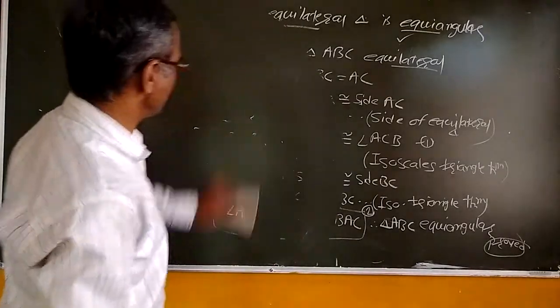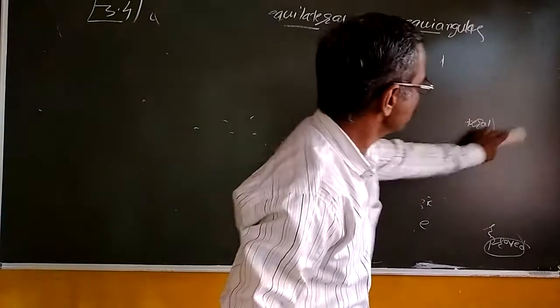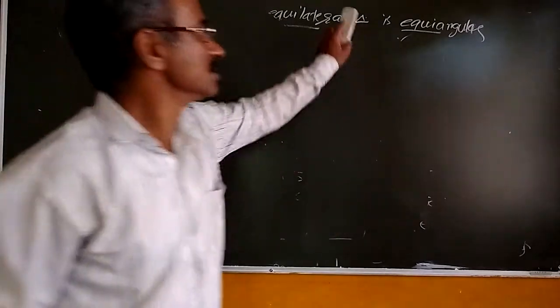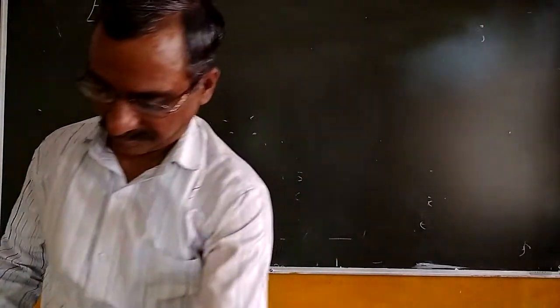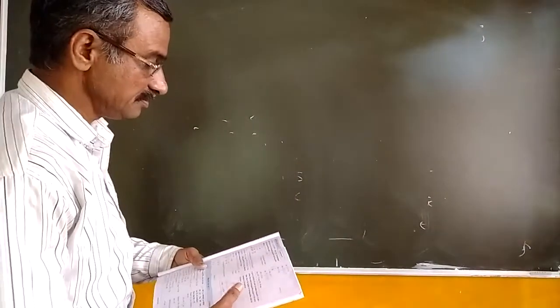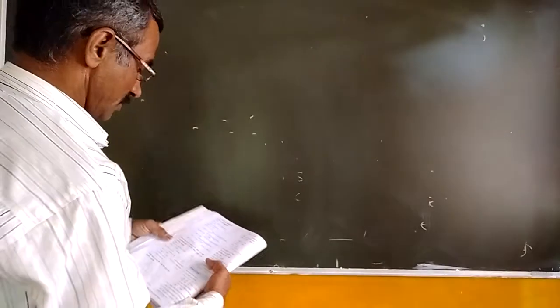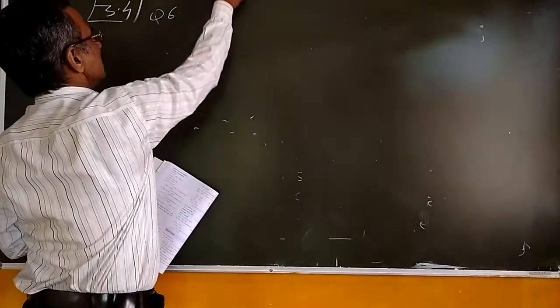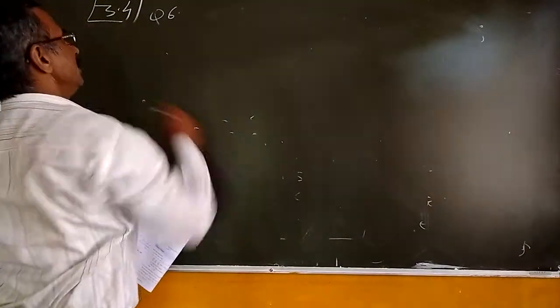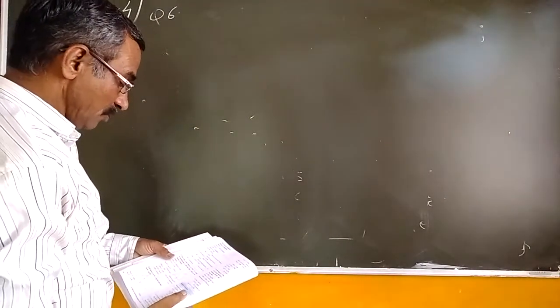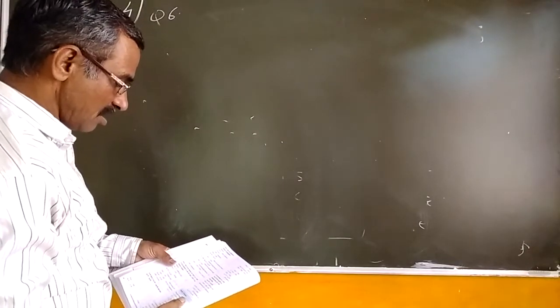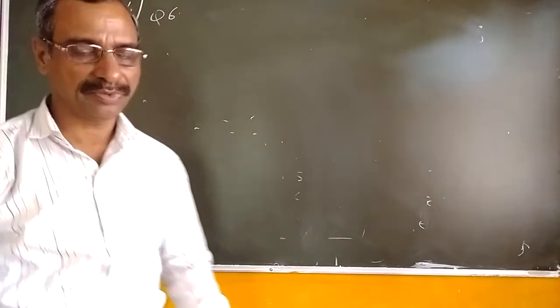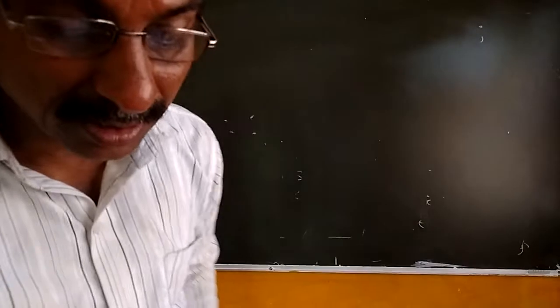Then we turn to solve question number 6. What is question number 6? Ninth standard 3.4. Prove that the bisector of angle BAC. For that we need the diagram.